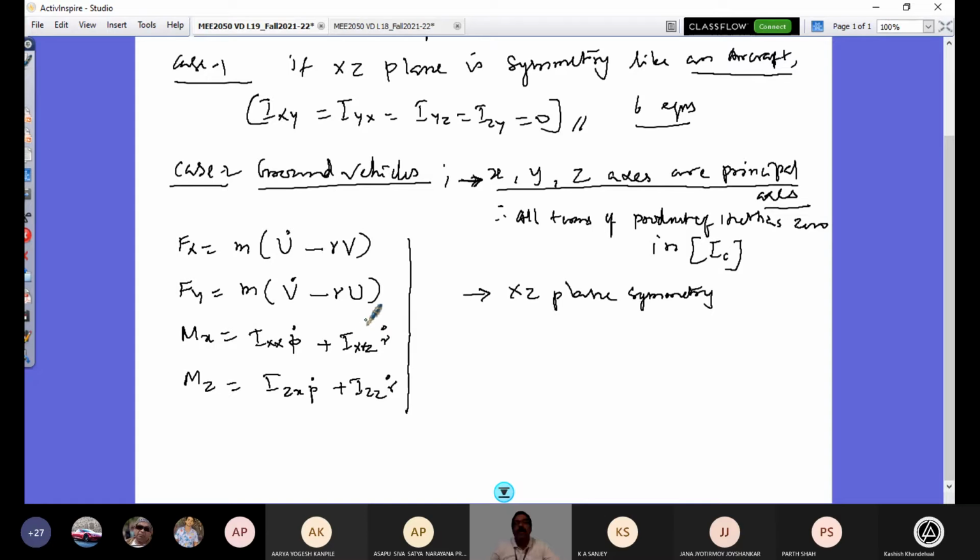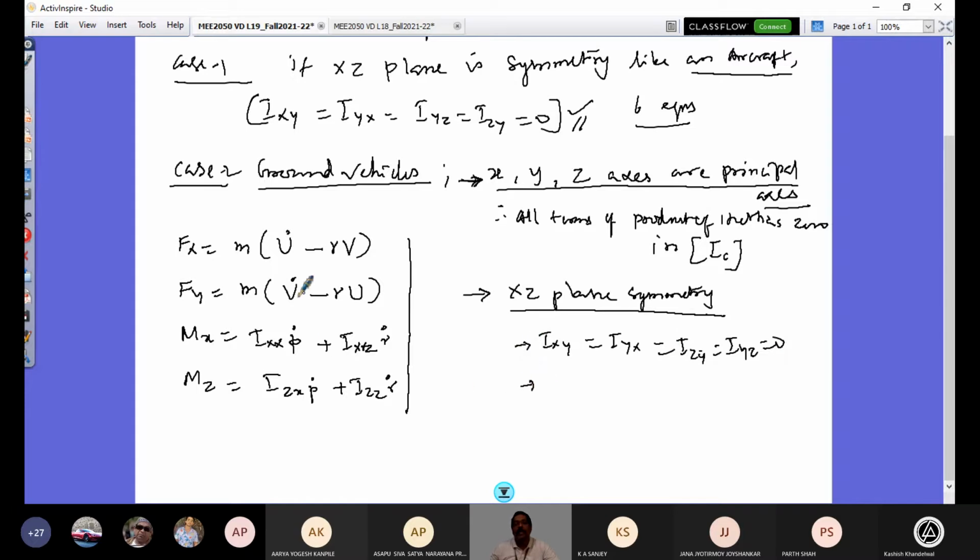But the moment it is a ground vehicle and my vehicle has XZ symmetry, what I mean by that is these all 4 terms are 0. That's one assumption here, and it's valid. Now Ixy is equal to Iyx is equal to Izy is equal to Iyz, all 0. That's one.